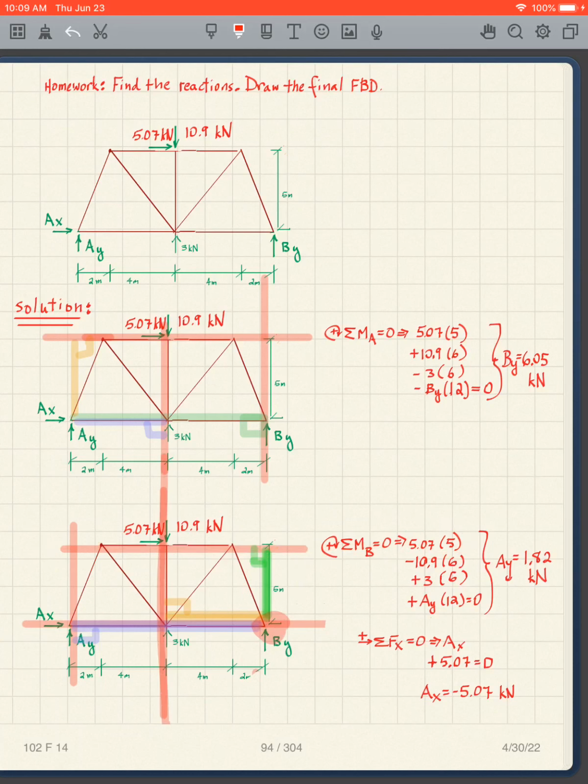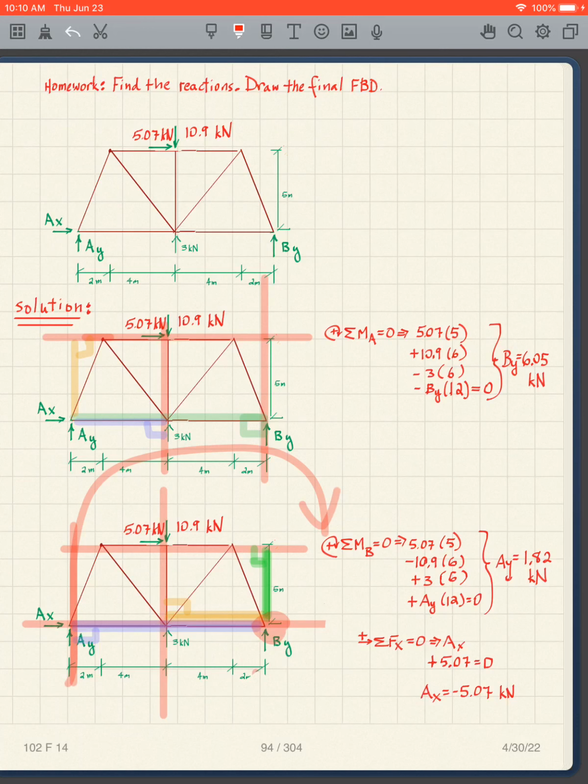We have the 10.9 times 6. And we have the 3 times 6. For the signs, oh, then notice the AX goes right through the point, so it's 0, we don't even consider it. So what is the sign for the AY?